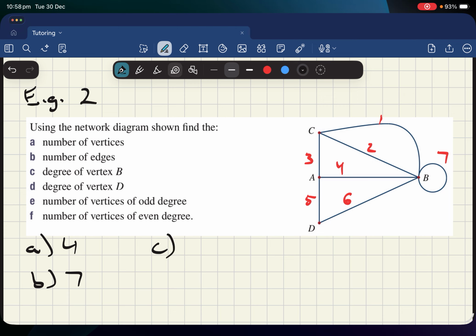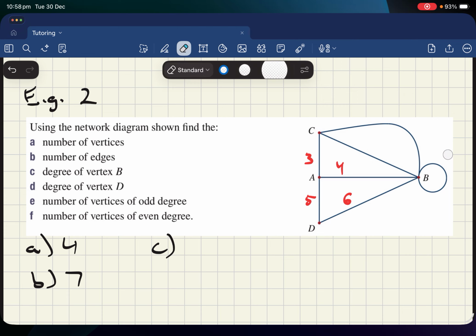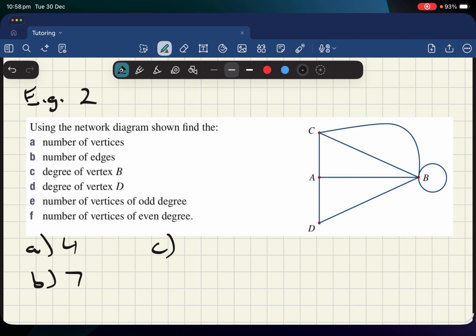Part C is asking for the degree of vertex B. So we want to see how many different edges are connected to B. What is the degree of it? So we can see it's connected to 1, 2, 3, 4.